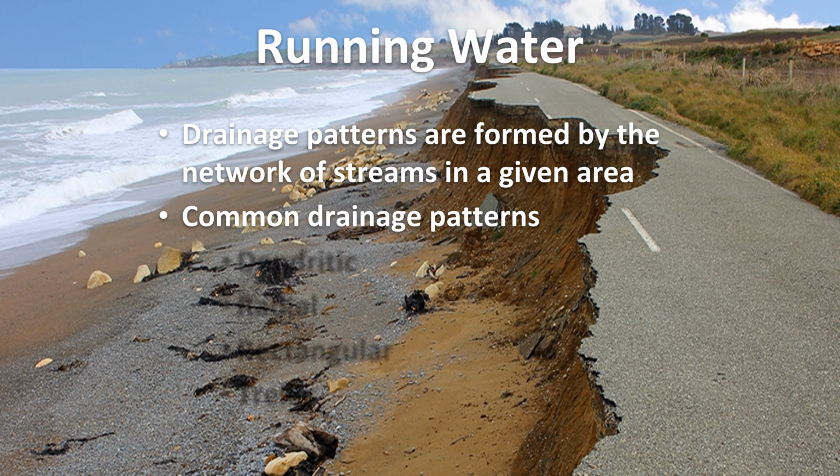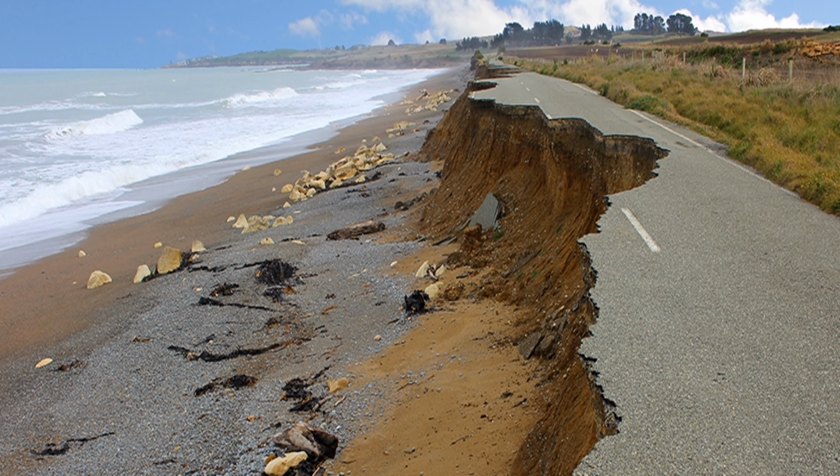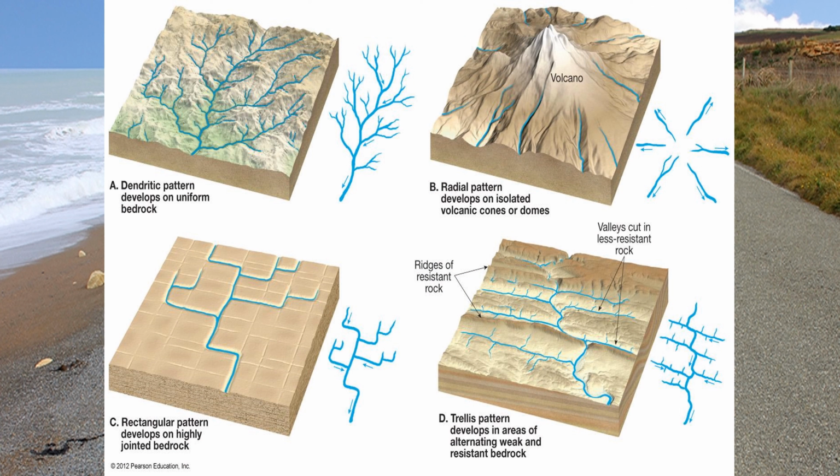And so the shapes that we can have for these various drainage patterns could be things like dendritic, they could be radial, they could be rectangular, or they could be trellised. And as we see in the images below, here we have some of those particular patterns that you can see. So the dendritic pattern looks very similar to tree branches, okay?